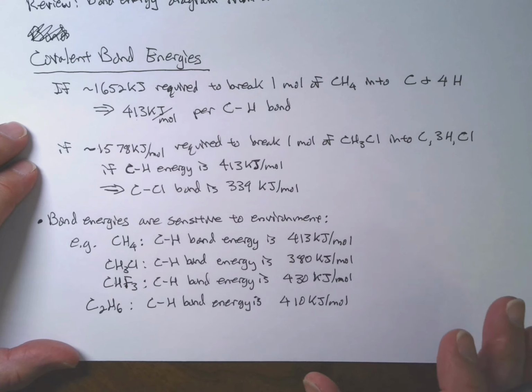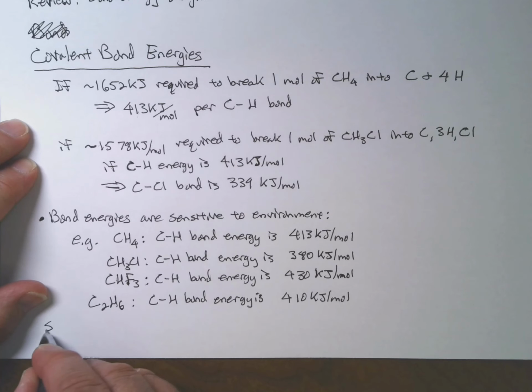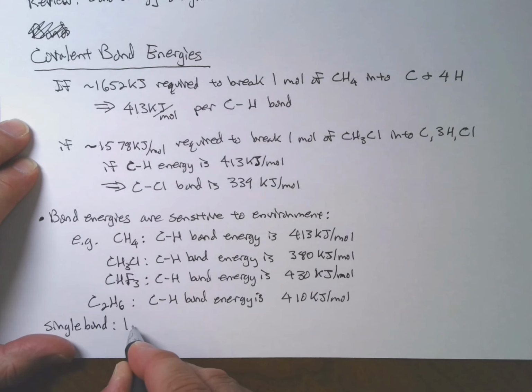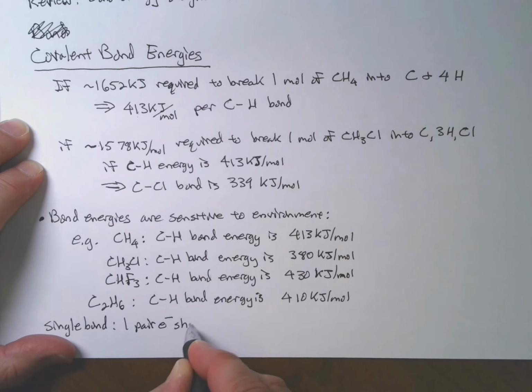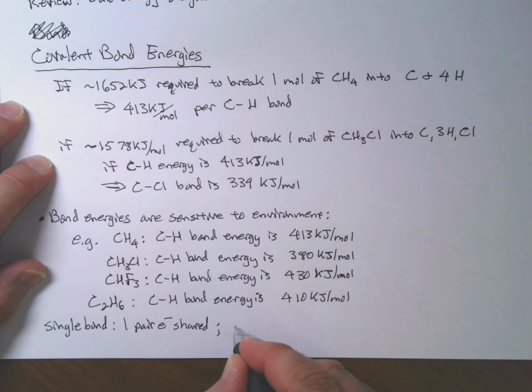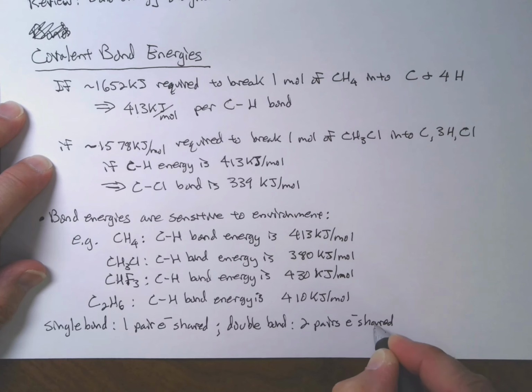Also, the number of pairs of electrons shared affects things. So we could have a single bond, which is one pair of shared electrons. We could have a double bond, or we could have a triple bond.